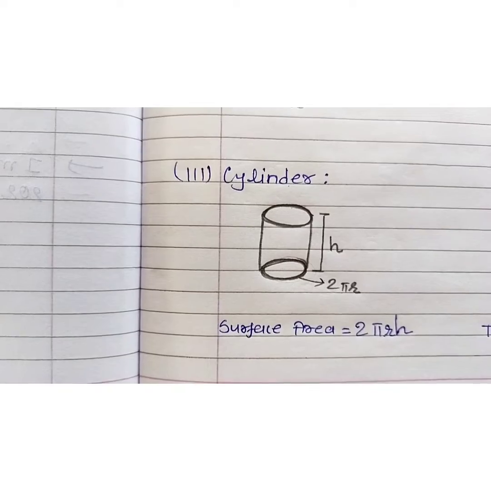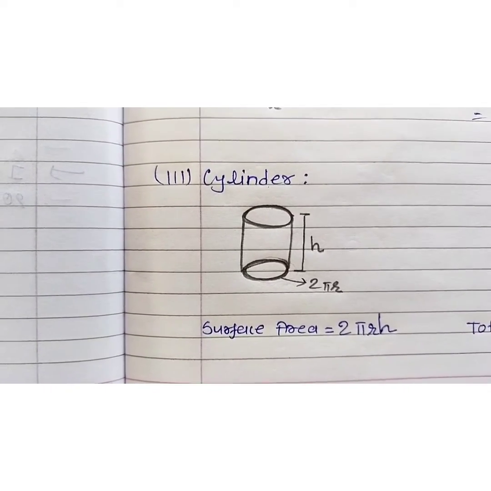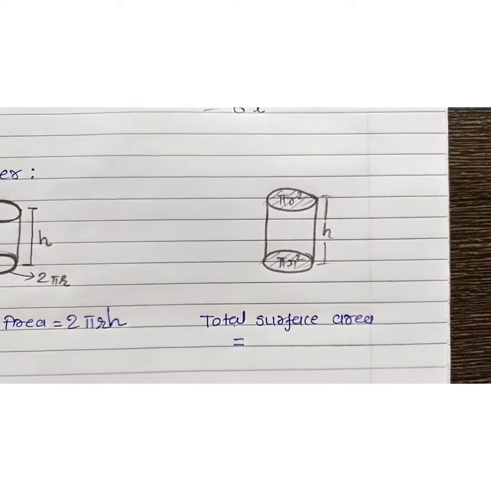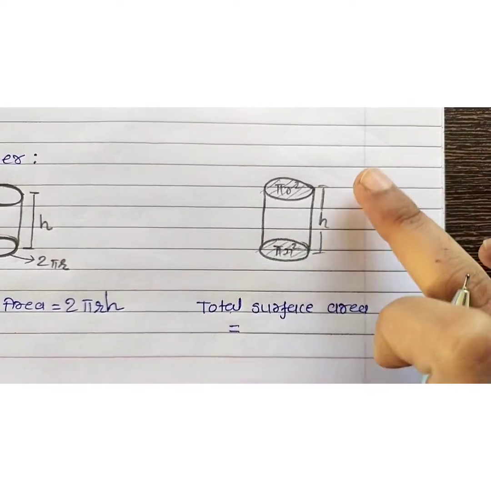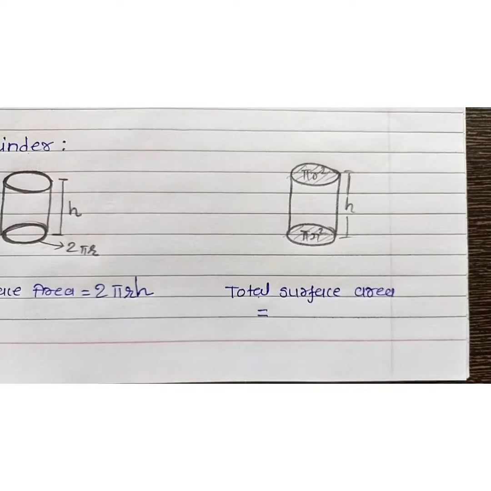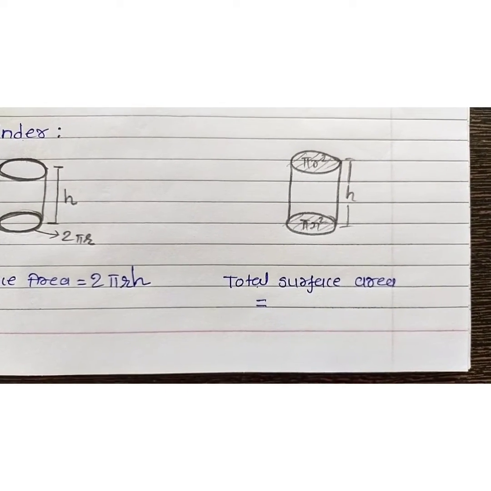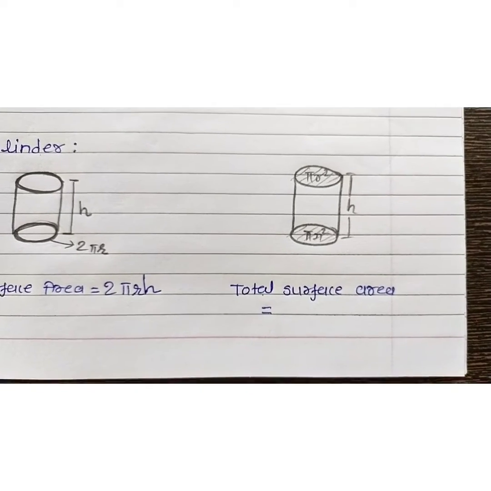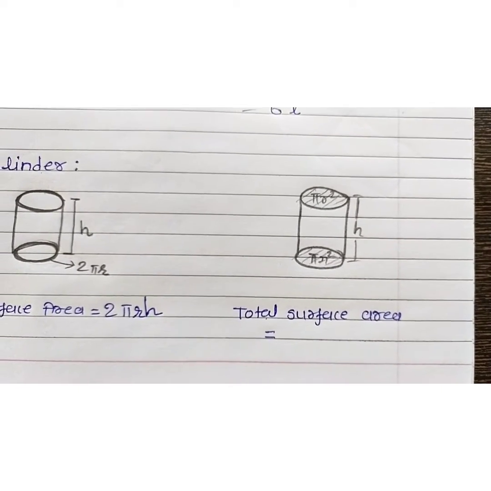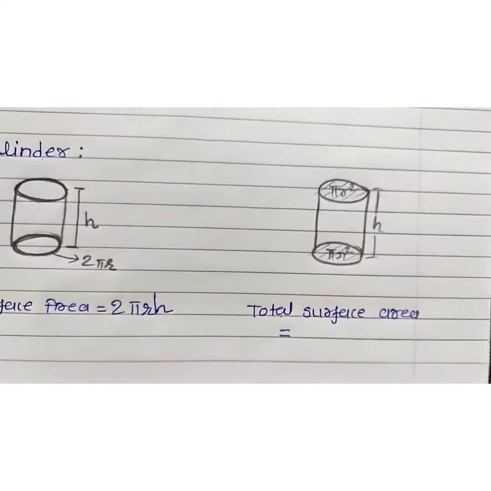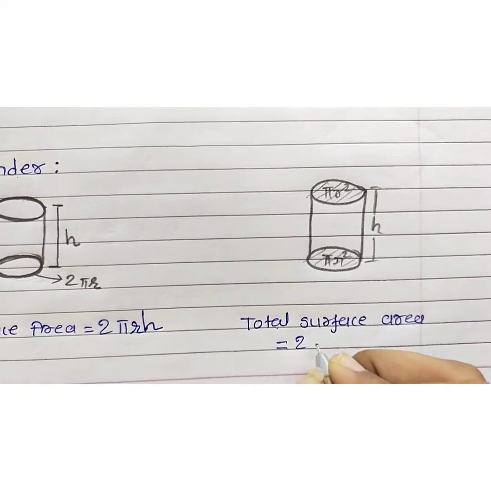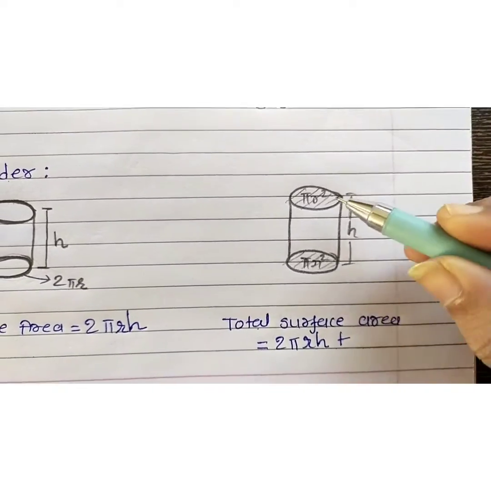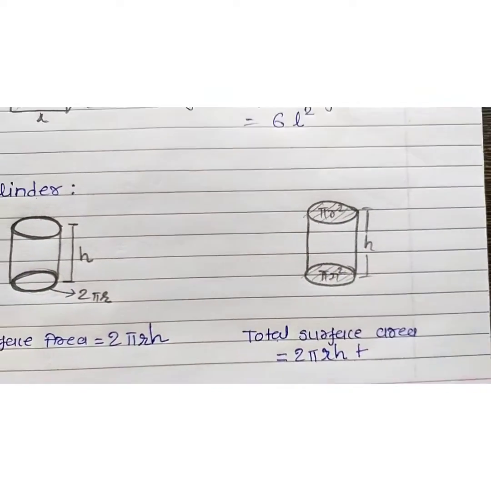Now, if we talk about total surface area, okay, total surface area means if we cover both the ends, okay, if we tie a cloth or rubber or close the ends, we get the total surface area. Total surface area is equal to 2 pi r h plus we cover both the ends with the circles.